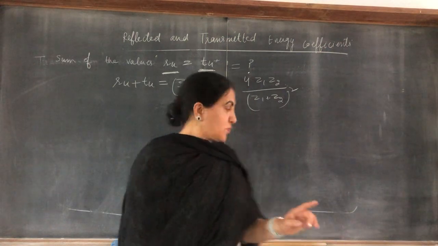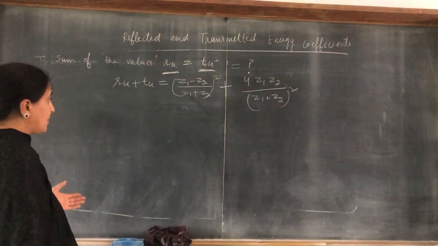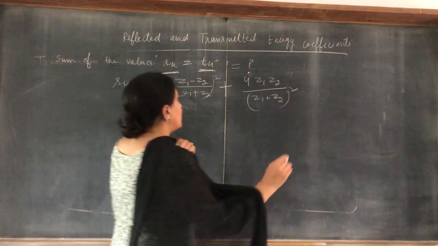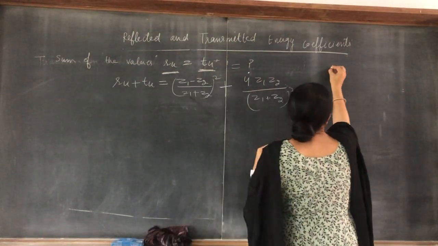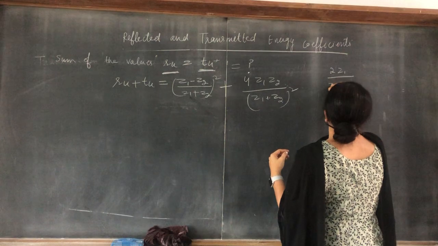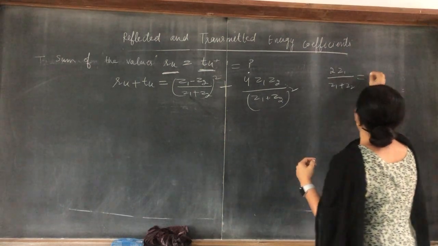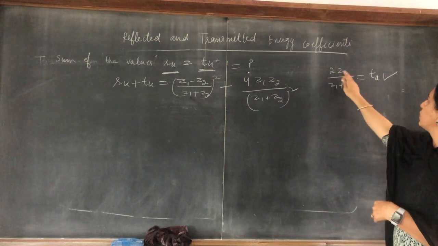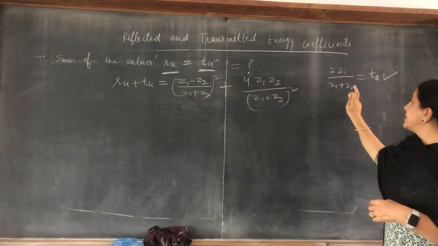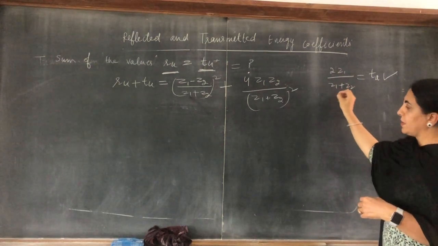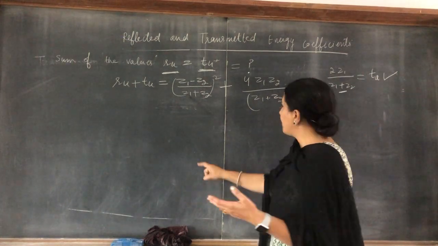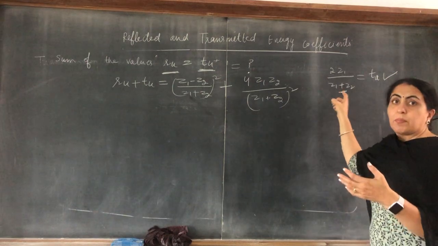Because we know that the value of 2Z1 upon Z1 plus Z2 will be the value of TA, the value of TA will be 2Z1 over Z1 plus Z2, plus. If we had a minus in the previous one, you have to put plus here.